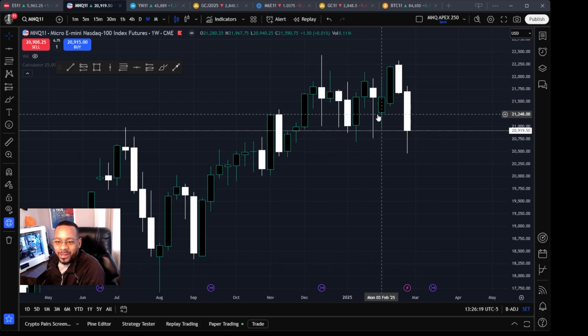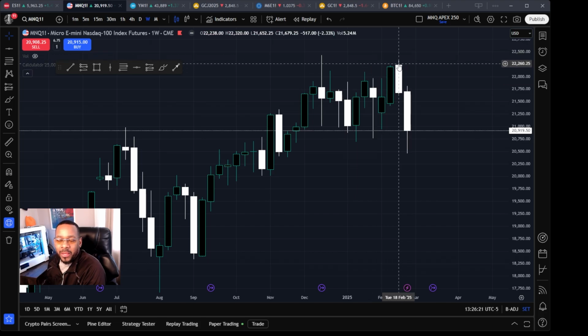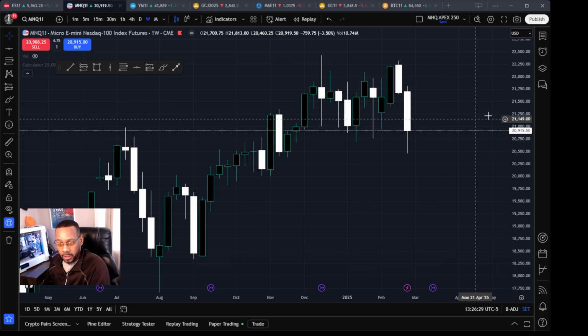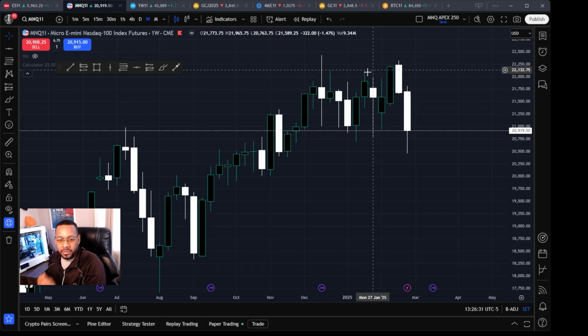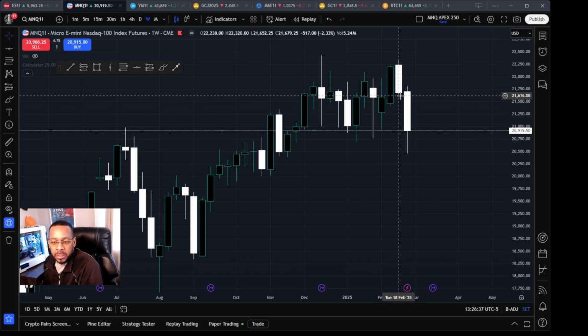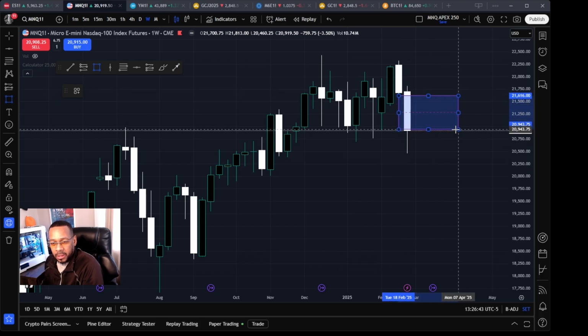Not sure what that is, but overall higher high, even with this pullback down to here. NAS has still been bullish overall, even with the month closing bearish. So again, consolidation, looking at this imbalance right here. So if anything, we're looking to clean up this space right here.